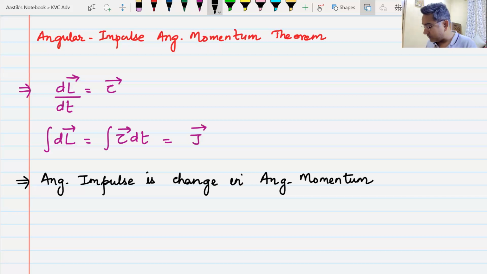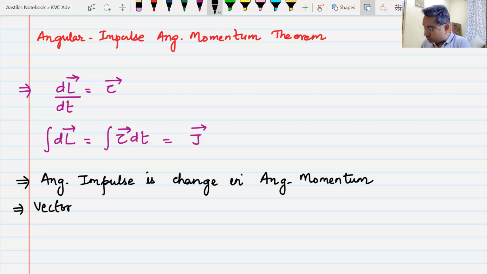So angular impulse, again, it's a vector quantity. And what type of vector is it? Axial. It is again an axial vector. You can find out its SI unit. Torque's SI unit is Newton meter, so it is Newton into meter into second. This is angular impulse.